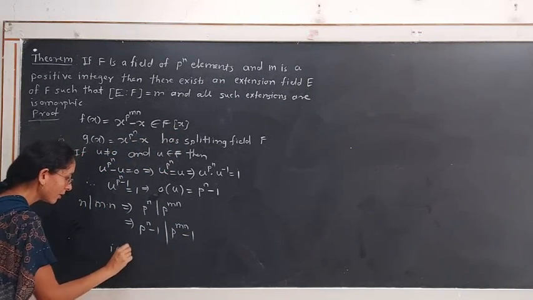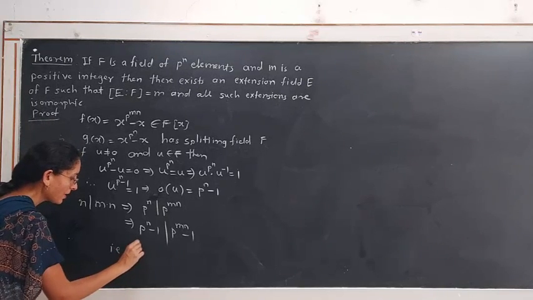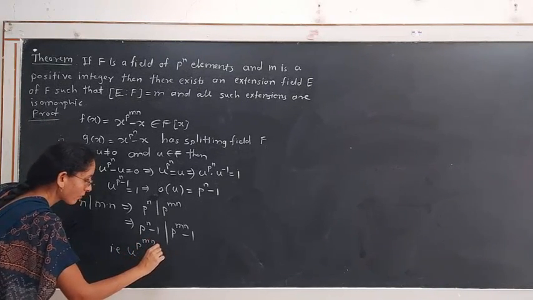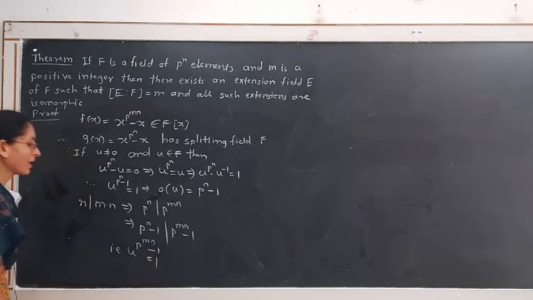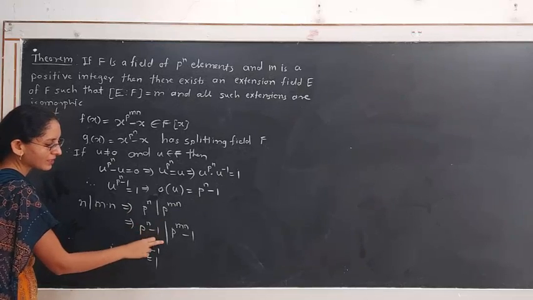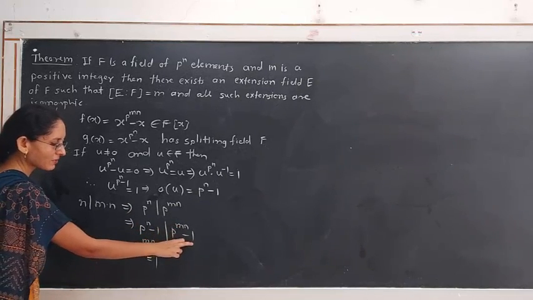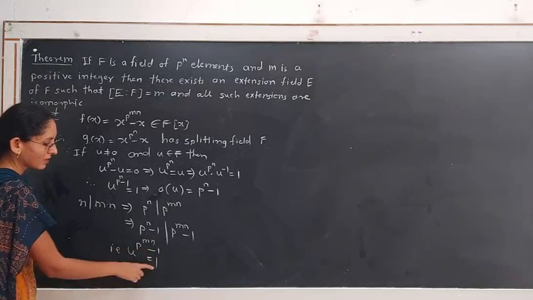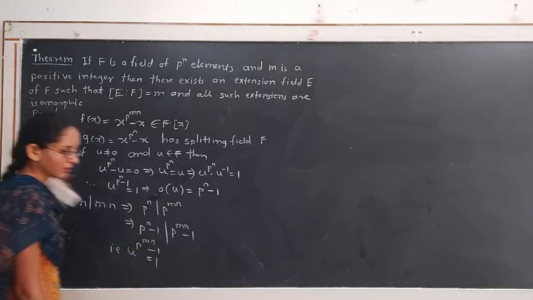That is, u raised to p raised to mn minus 1 is equal to 1. Because the order of the element u, p raised to n minus 1, is a divisor of p raised to mn minus 1. Hence, u raised to p raised to mn minus 1 is equal to 1.